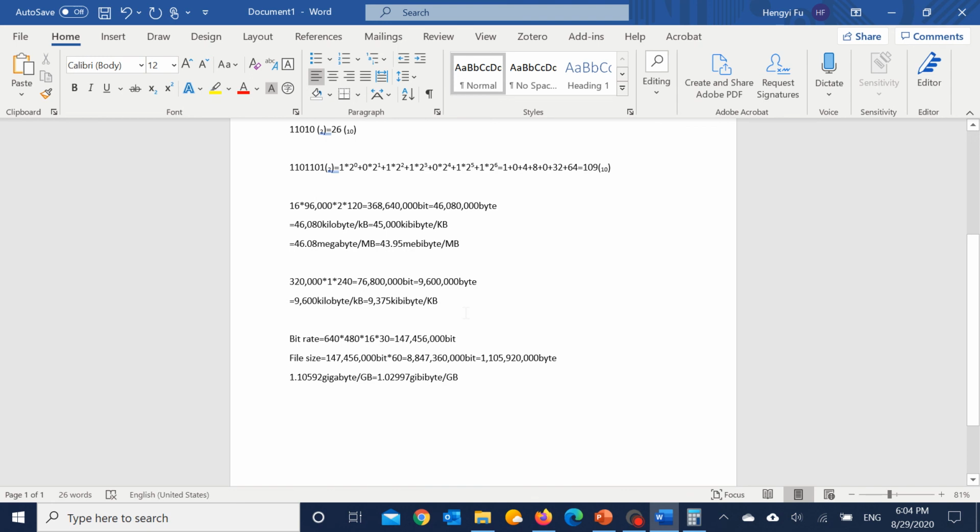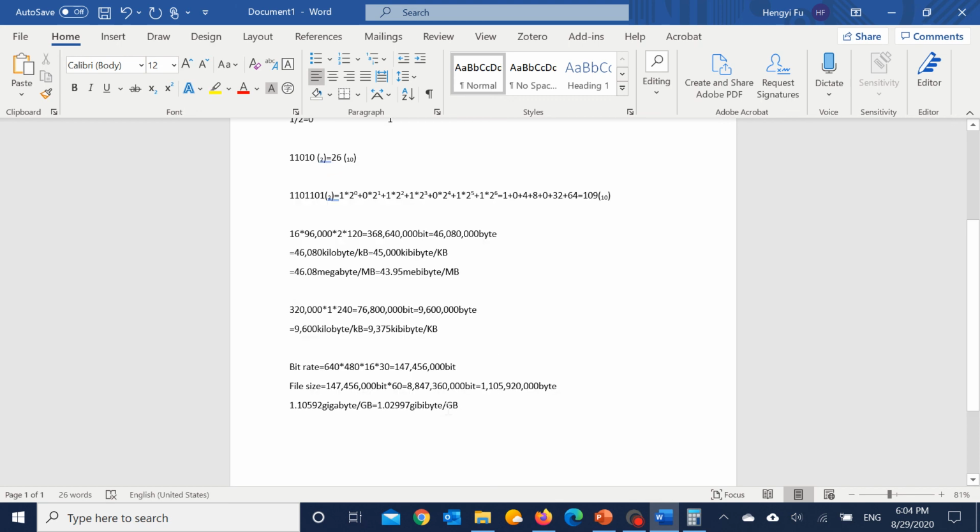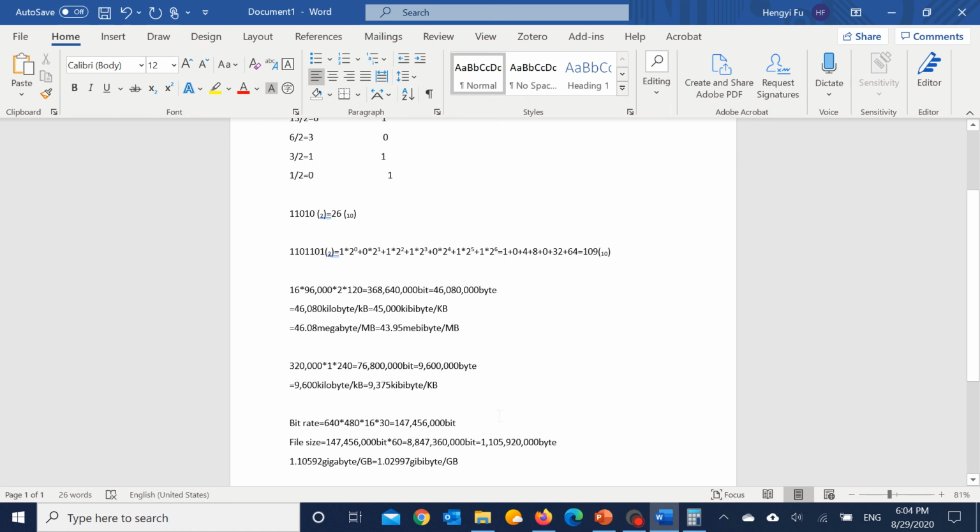So since MB and GB are the same for both, if you want to use MB or GB, you need to specify if it is a megabyte or mebibyte, a gigabyte or gibibyte. I know it is a little bit complex, but this is how it should be.